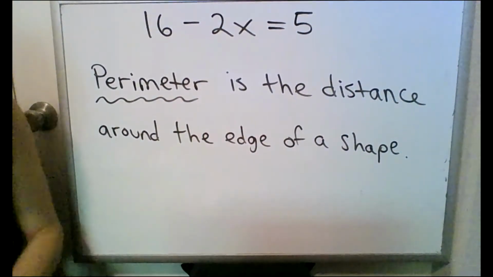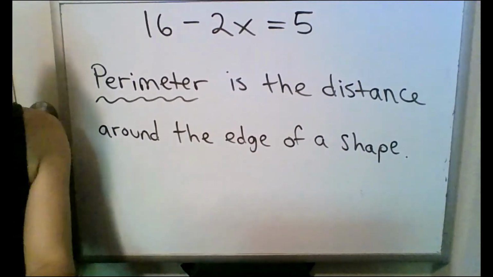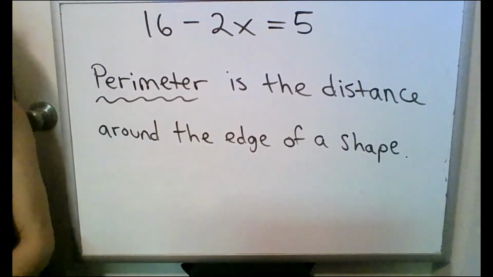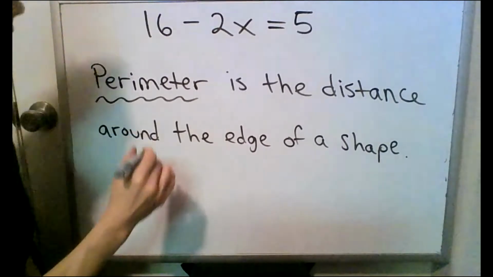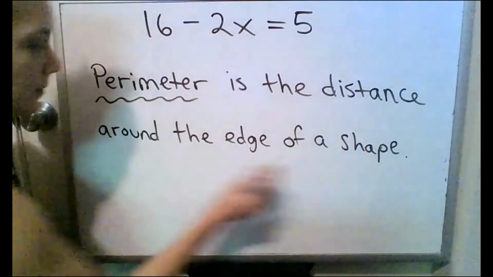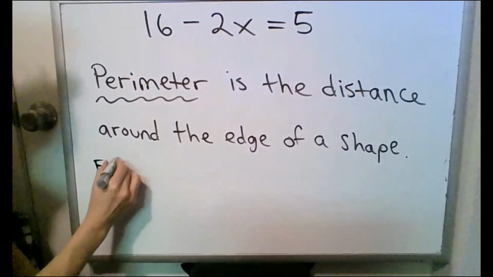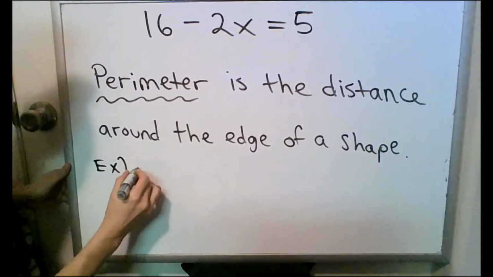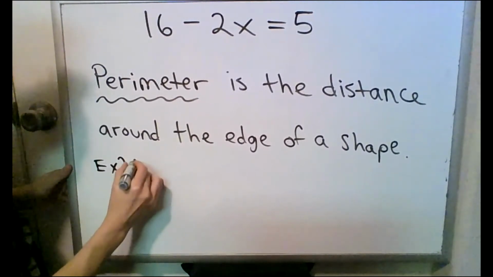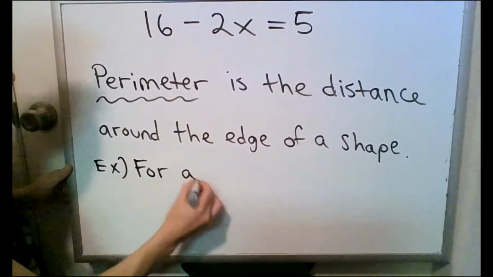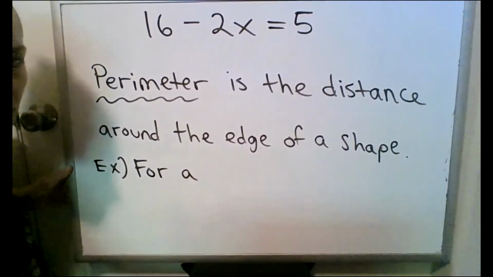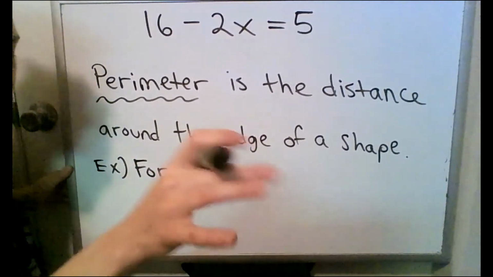I'm going to talk about a square, but we're going to move straight over to a rectangle. So for a rectangle, we're going to let W be the width and L is the length.